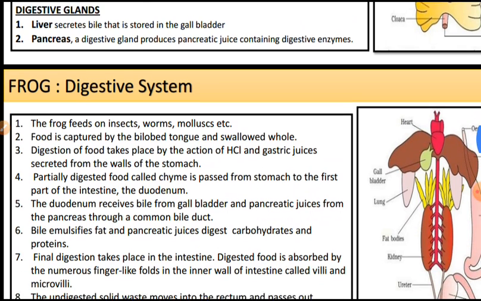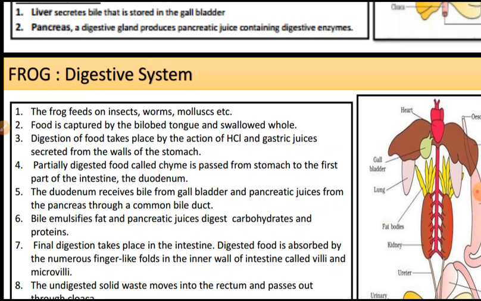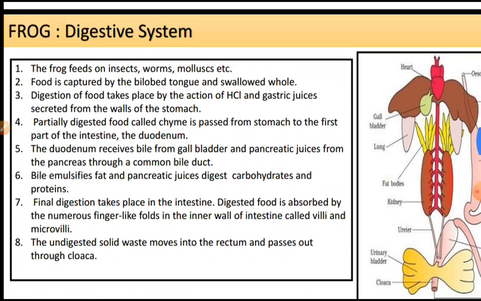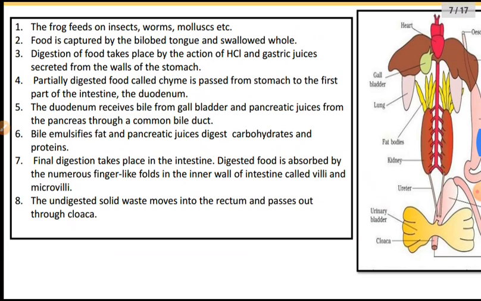These are the important parts of the digestive system. For its feeding mechanism, it feeds on insects, worms and mollusks, and its bilobed tongue swallows the prey. Digestion of the food takes place by the action of HCl and gastric juices secreted by the stomach, and the liver secretes bile juice.